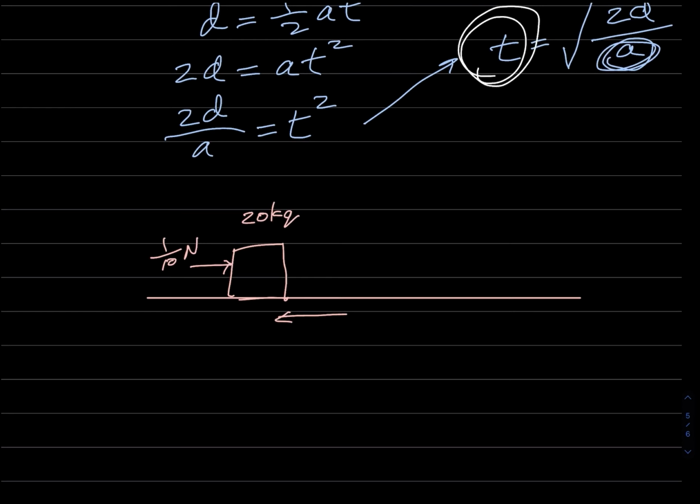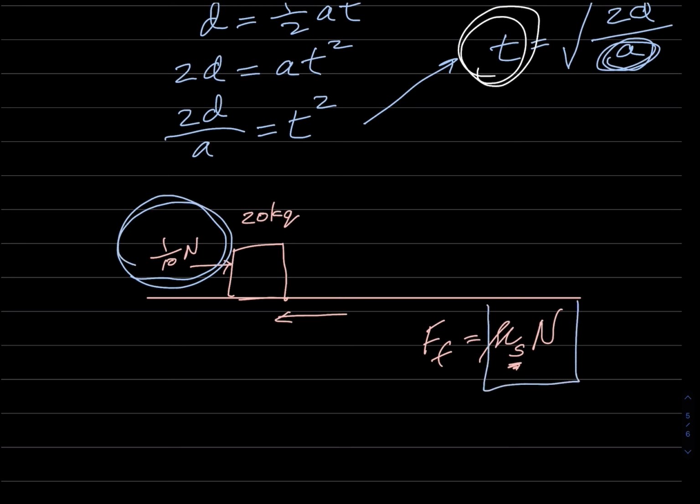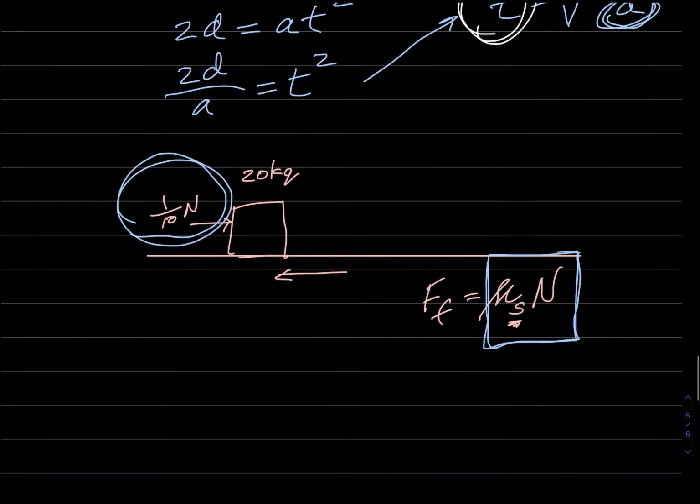Well, when a box is not moving, when it's not in motion, we have an equation that describes what's going on, that we say the force of friction equals the coefficient of static friction times the normal force. When the force that you apply to the box overcomes the maximum possible friction force, the box will start to move. So really, this is not the accurate equation.